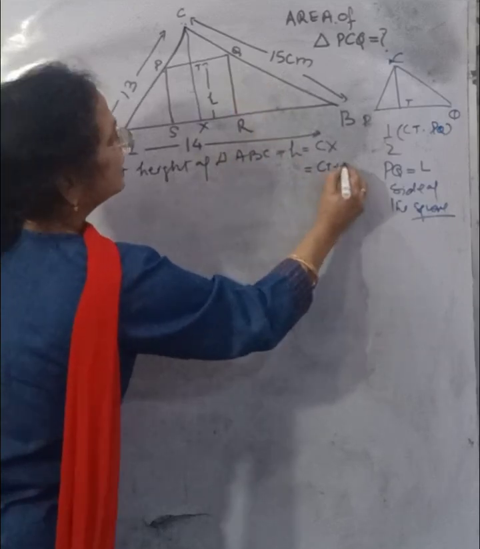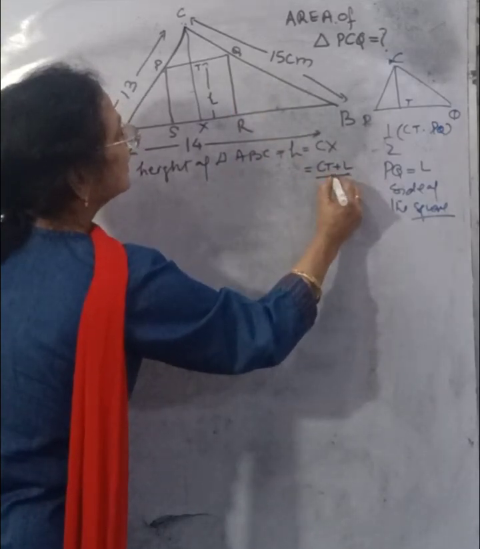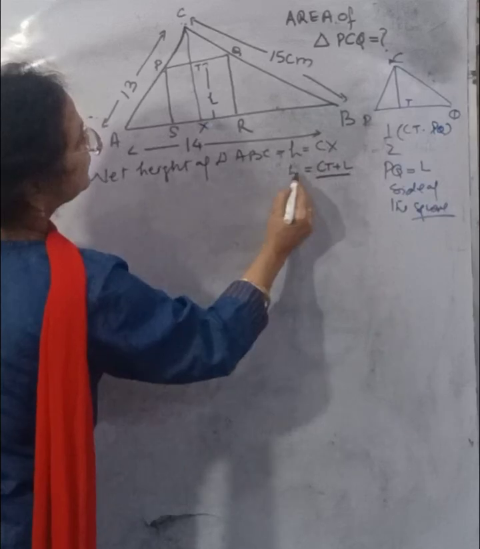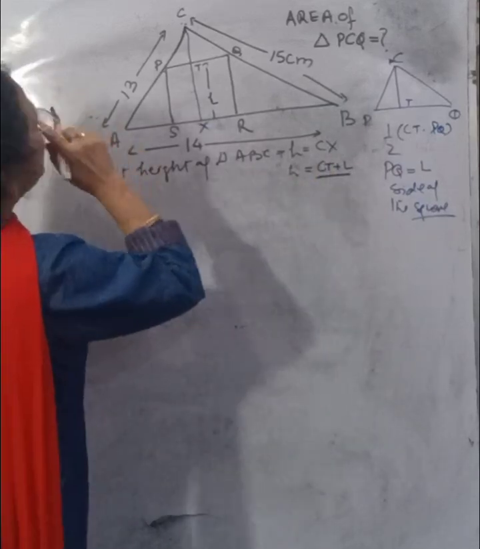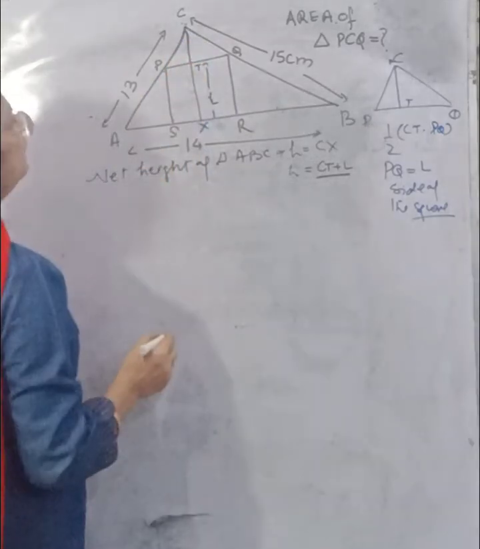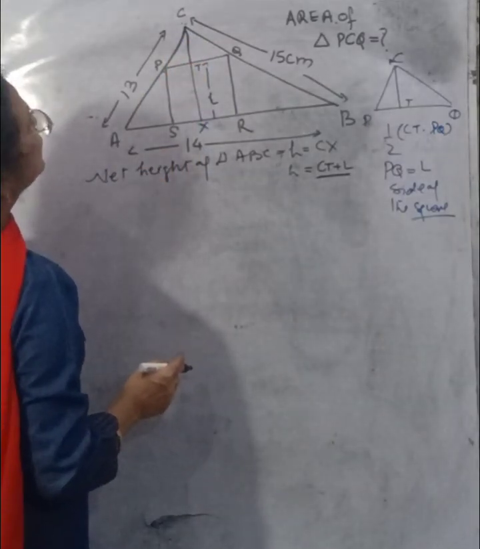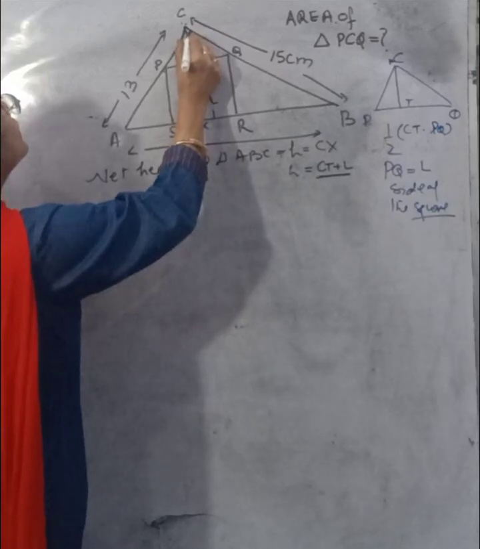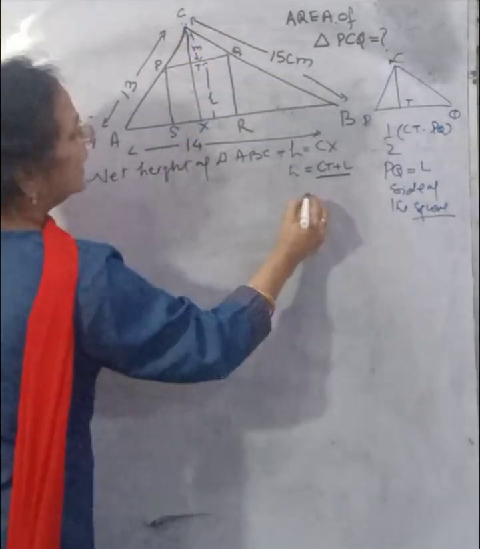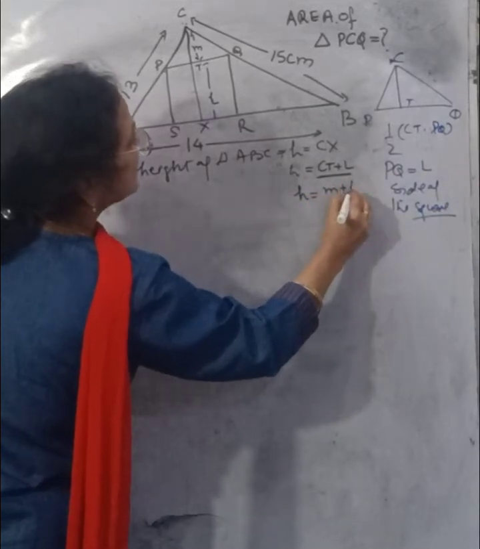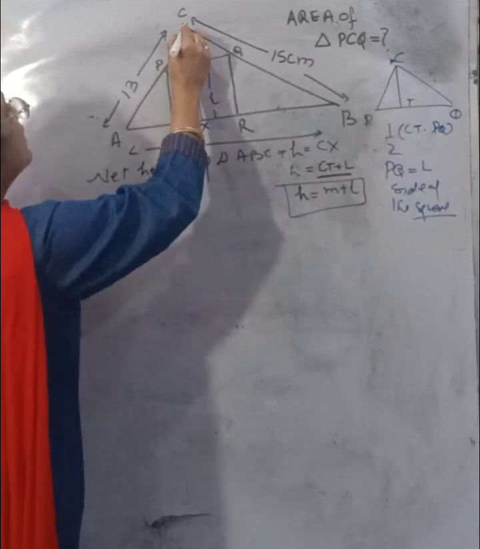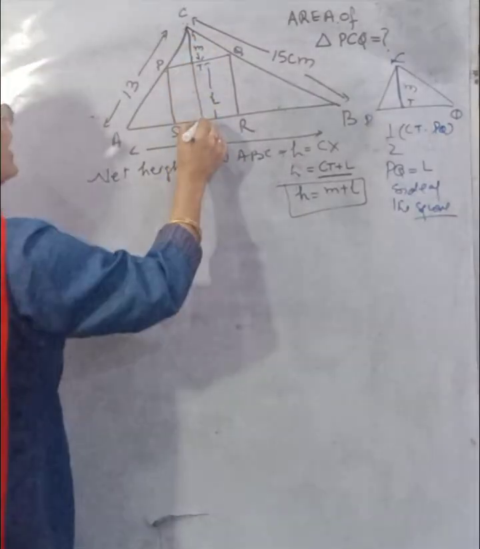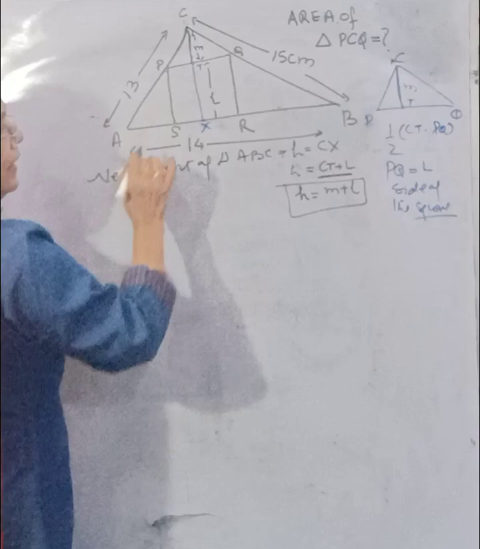This is L, this is L. So H is equal to CT plus L. If we put CT equal to M, this height M, then we can say H is equal to M plus L, where M is the height and L is the side.